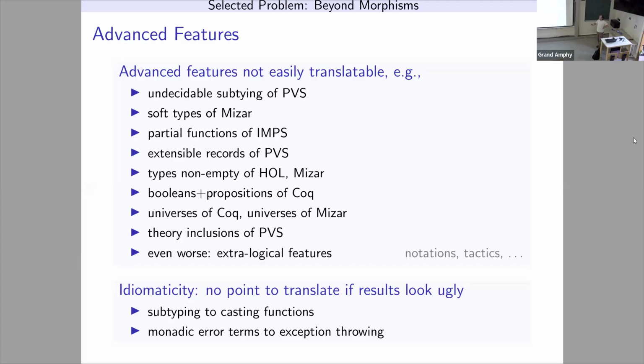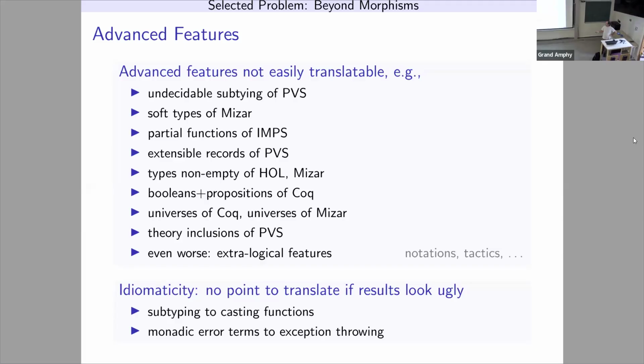If you want to translate soft types to a hard type language, you're going to have to do something weird and non-compositional. If you have partial functions and you want to translate to a language that only has total functions, maybe you can do it compositionally. You could say, oh, okay, partial functions are made to become total functions from A to option B. That could work. But you might then get relatively ugly results.